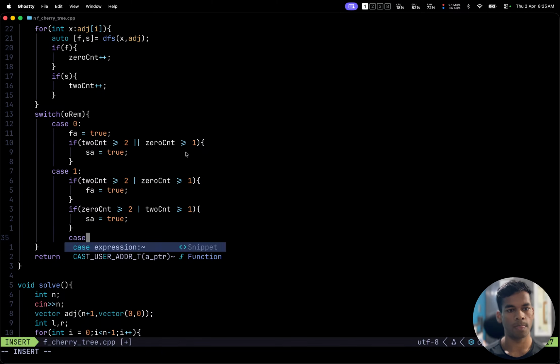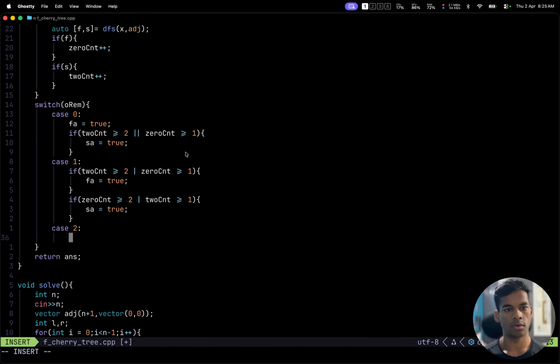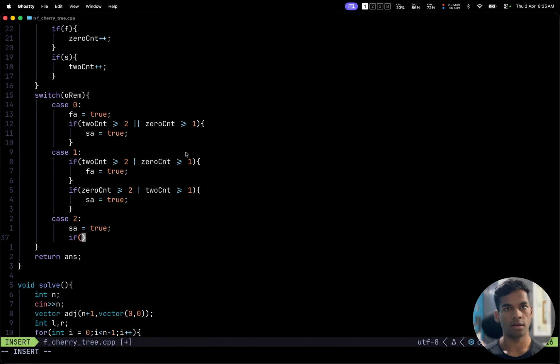Okay, case 2, SA is equal to true, and if 2 count greater than or equal to 1 or greater than or equal to 2.